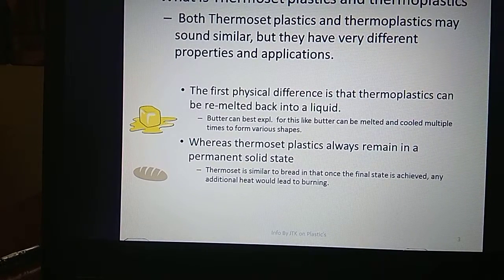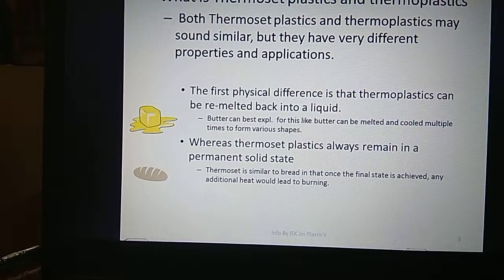The first physical difference is that thermoplastic can be remelted back into a liquid. Butter can explain this well: butter can be melted and cooled multiple times into various shapes. Thermoset, on the other hand, can be compared with bread.